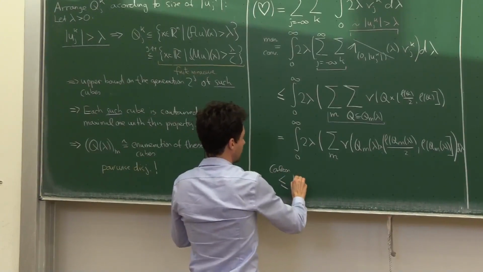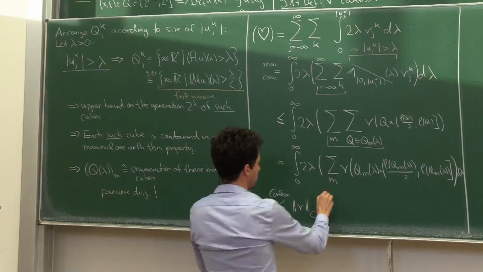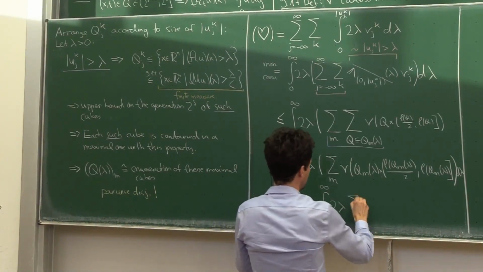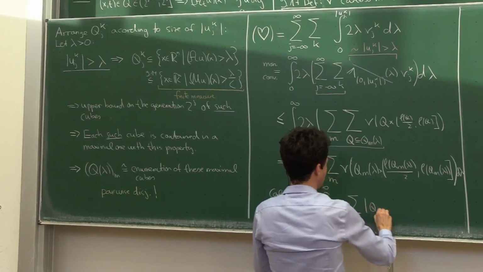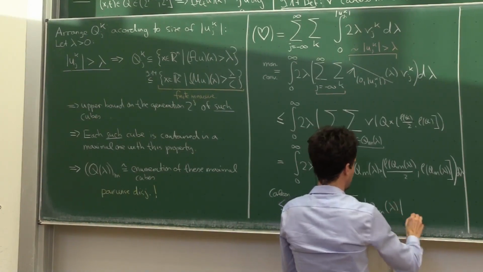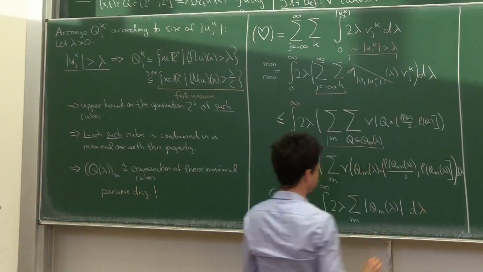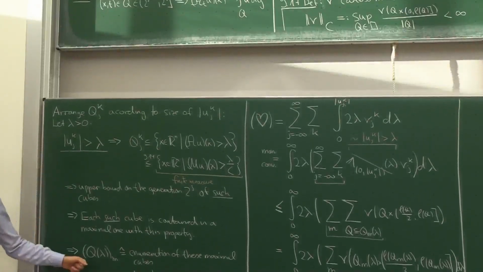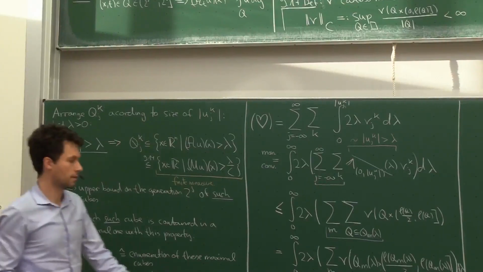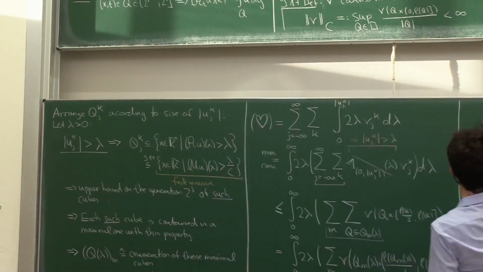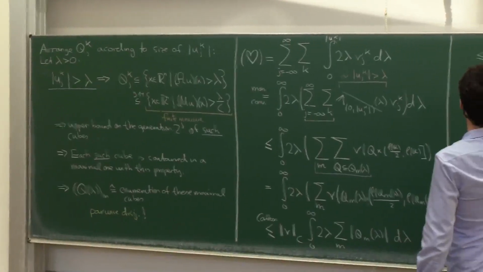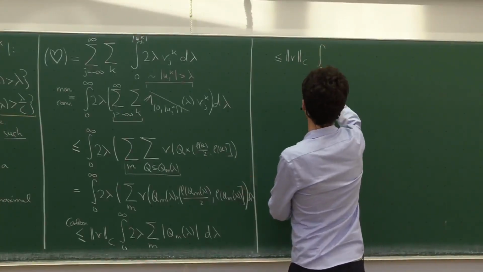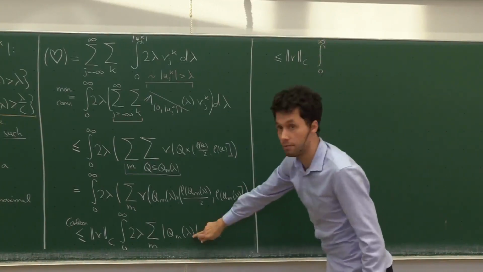So at this point I'm using the Carleson condition. That gives me the Carleson norm of the measure times the integral 0 to infinity 2 lambda times the sum in m, the measure of Q_m lambda, d lambda. Now, these Q_m lambda cubes, they're pairwise disjoint. So instead of writing the sum of the Lebesgue measure of all these guys, I could write the Lebesgue measure of the union of all these cubes.